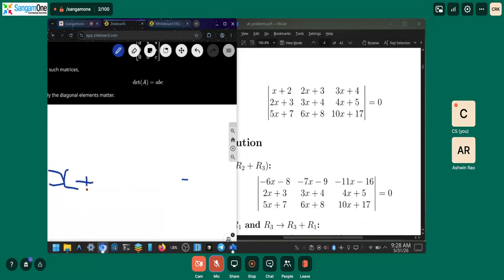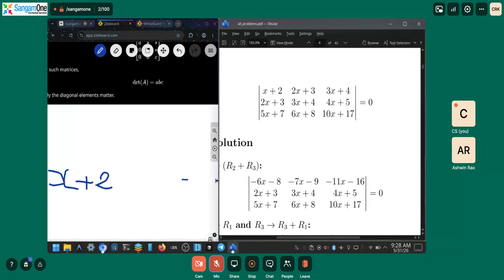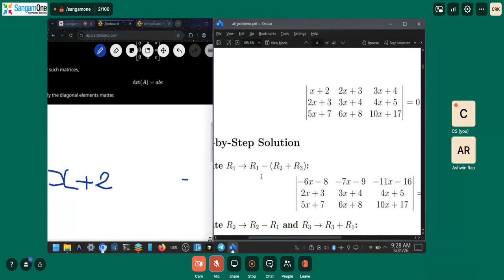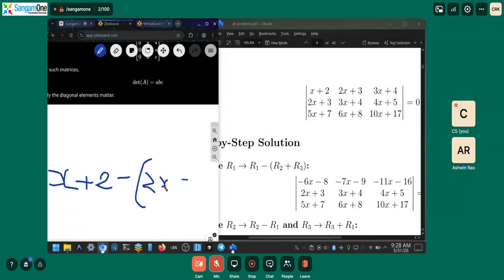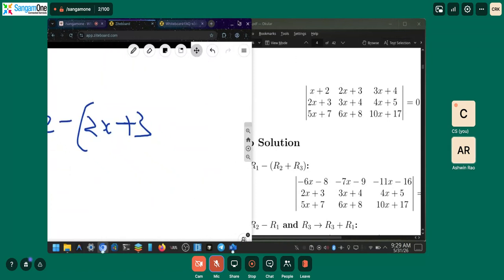X plus 2, the row operation here is, okay, X plus 2 minus, put the bracket, what is the R2 content here? 2x plus 3, okay, to 2x plus 3, then plus 5x plus 7. Okay. Now this first element I have solved.